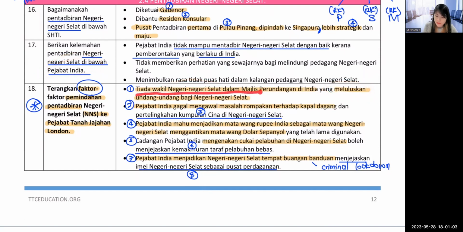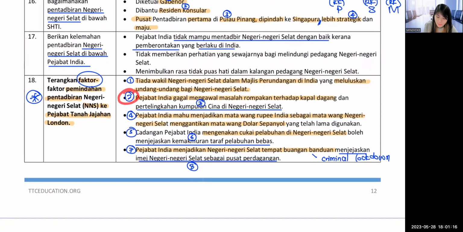So tiada wakil negeri-negeri Selat dalam Majlis Perundangan India meluluskan undang-undang bagi negeri-negeri Selat. They feel not fair lah. It's like you make decision for me. You understand? Second, Pejabat India failed to control the robbery, meaning it's the pirates.